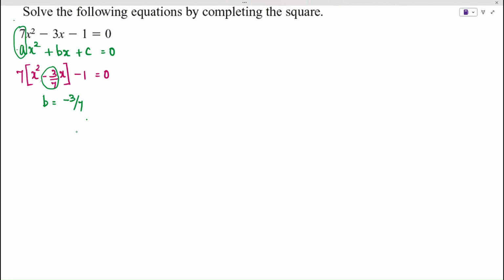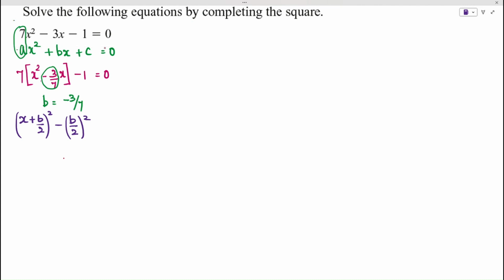And now we're going to take our completing the square formula, which is (x plus b over 2) the whole squared, minus (b over 2) the whole squared. And so we're going to substitute our value of b into this formula.